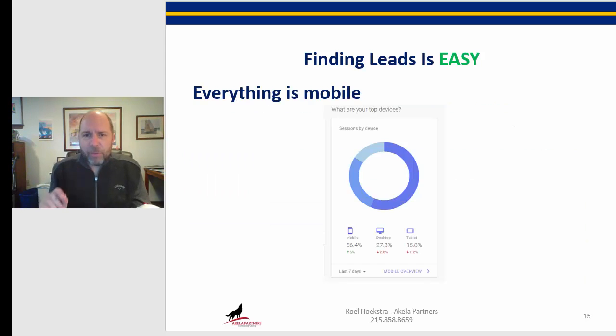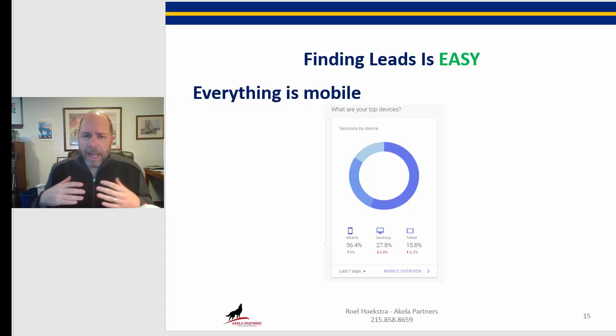Here's a quick aside. Everything is mobile, and this isn't really the best example, but this happens to be from Google Analytics. The distribution for the last campaign we were looking at shows 56% of the traffic was mobile. I've actually seen it as high as 85%.